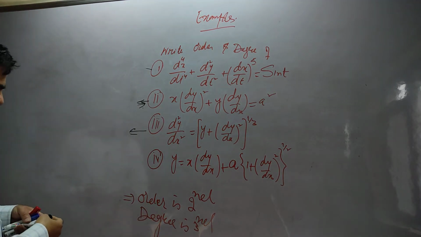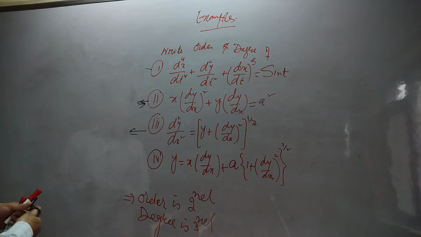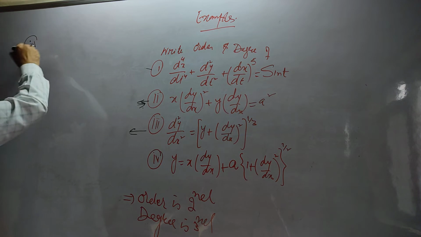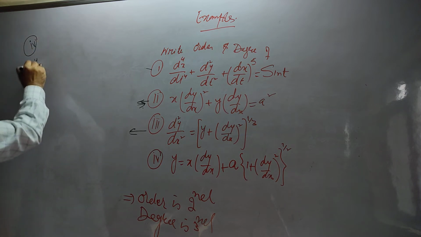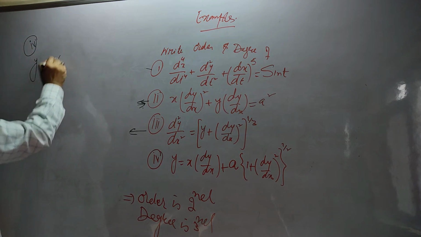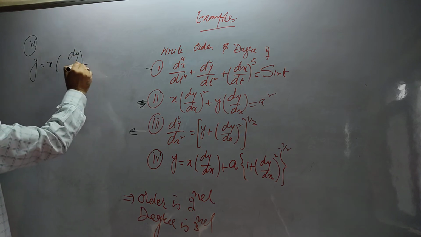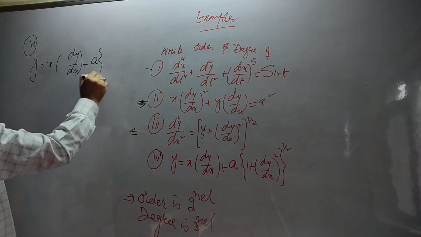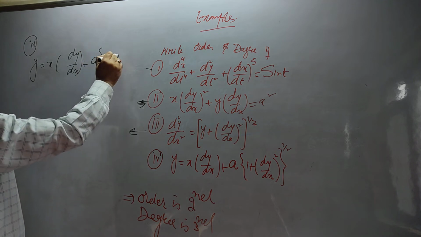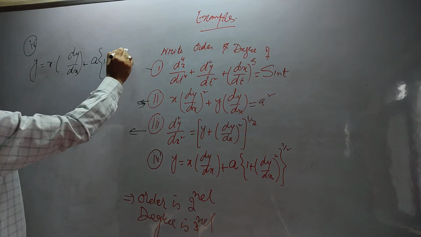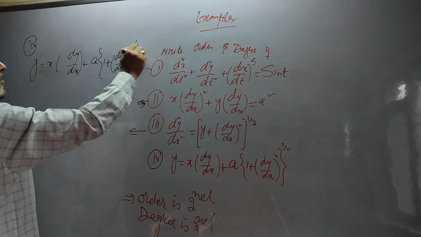Let us have this one. We have next the fourth part. It is y is equal to x dy by dx plus a times (1 plus dy by dx whole square) raised to power 1 by 2.